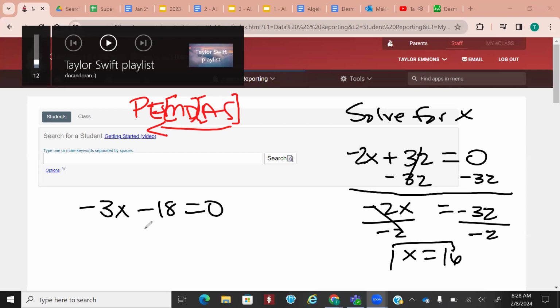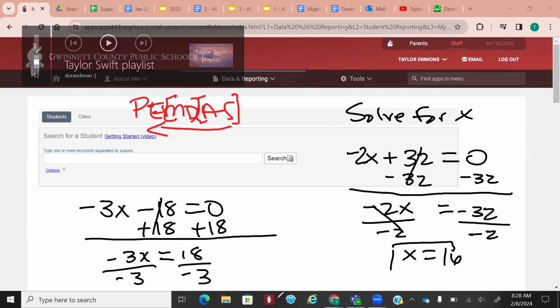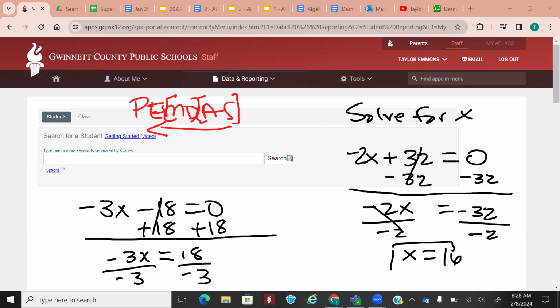Okay, so the first thing that you're going to do is you're going to add 18. Okay, now we're going to divide by that -3. So this time, we have a positive divided by a negative. So we're going to keep that negative. We're going to have x equals -6.